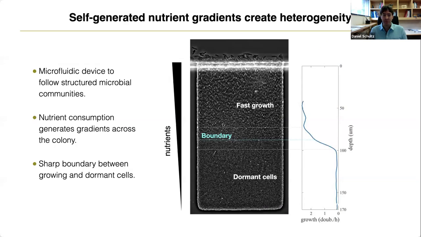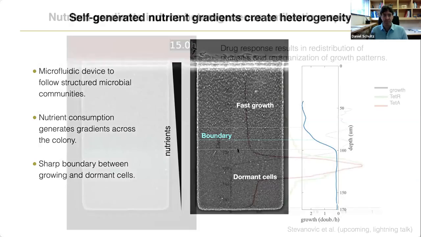Consumption of nutrient by the cells at the top creates a gradient of nutrient concentration towards the bottom. And at some point, the cells run out of food, right? So we have this somewhat sharp boundary between fast-growing cells at the top, dormant cells at the bottom, and a somewhat narrow region of slow-growing cells.